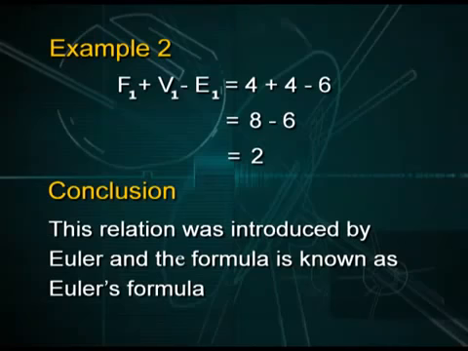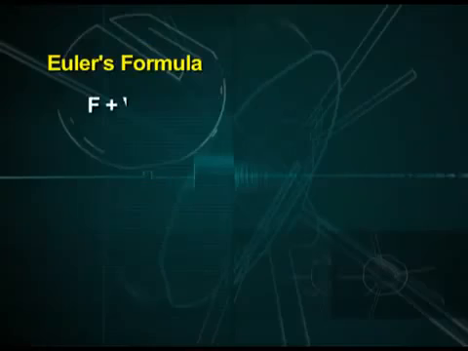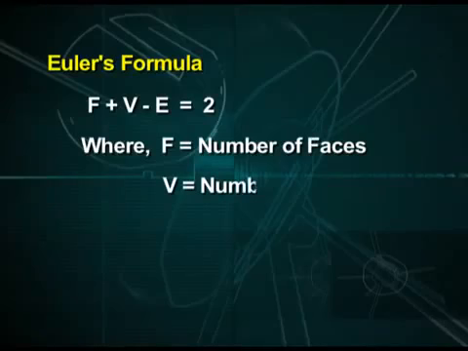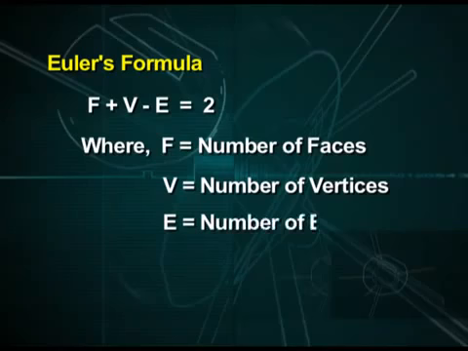You can see that this is nothing but Euler's formula. This was introduced by Euler. Thus, we can say that Euler's formula is F plus V minus E equals 2, where F is the number of faces, V is the number of vertices and E is the number of edges.